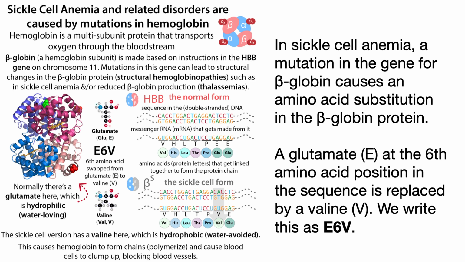So we go from a glutamate, E, to a valine, V. This is why it's really important to know those one-letter amino acid abbreviations, especially if you're a protein biochemist. That's one of the most crucial things to memorize, those abbreviations.